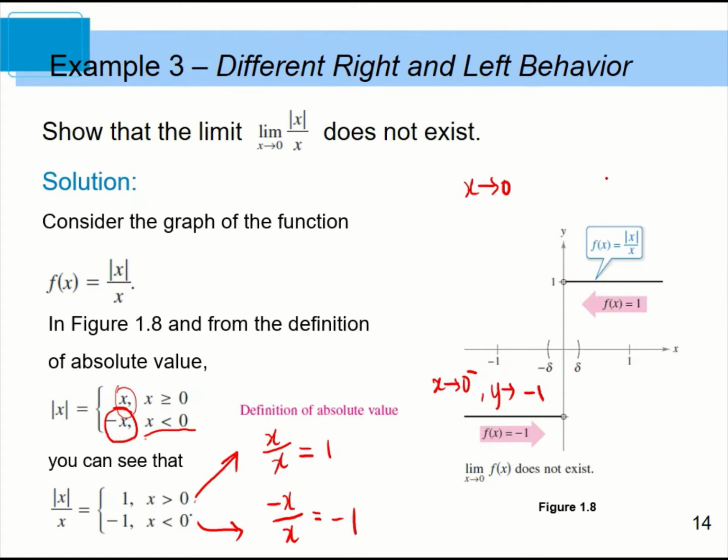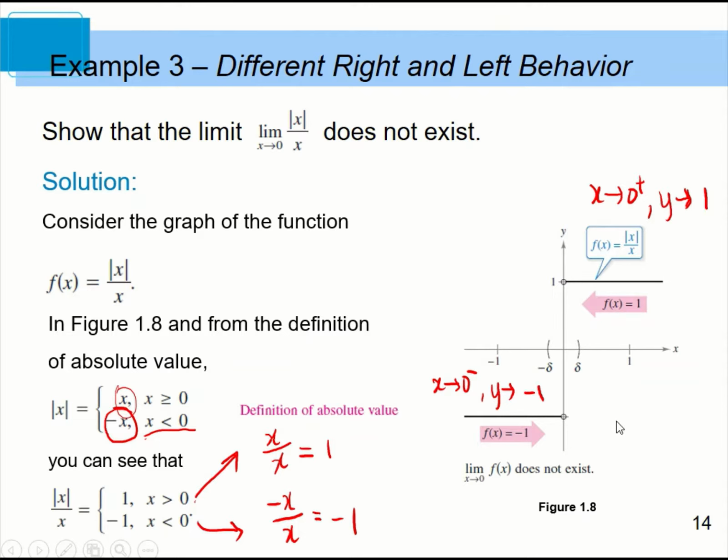When the x approaches 0 from the right hand side, I put a positive here, what happens to y? The y approaches 1. We can see these are two different values, 1 and negative 1. Since the function does not approach one value, we say the limit of f(x) when x approaches 0 does not exist.